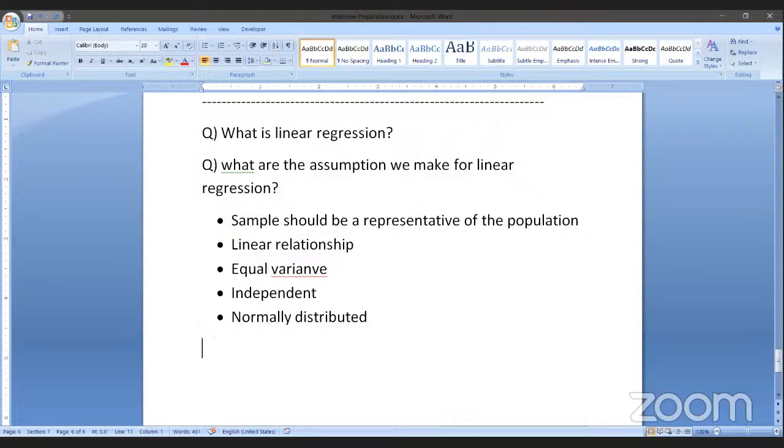Okay, so what happens if these assumptions are not followed? Basically, what happens when assumptions are violated?